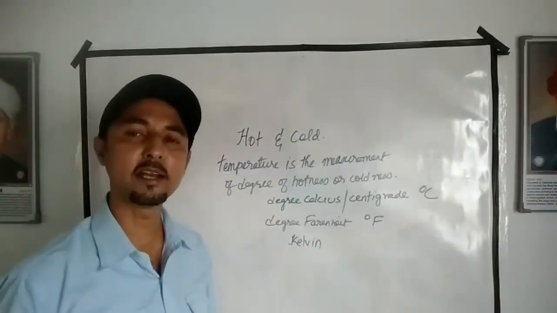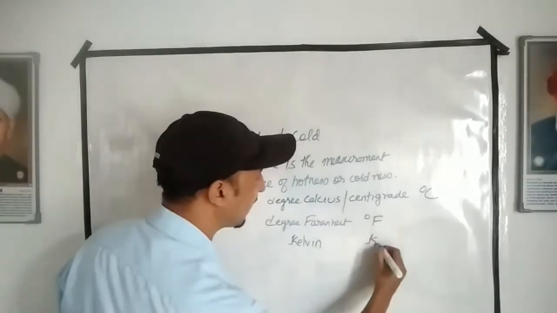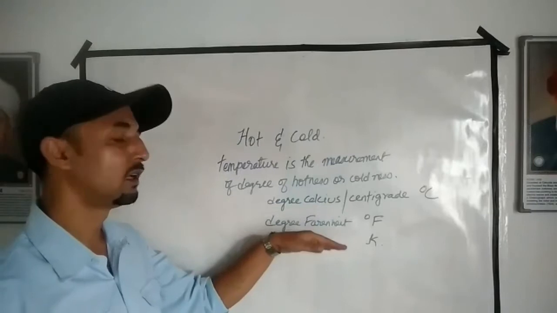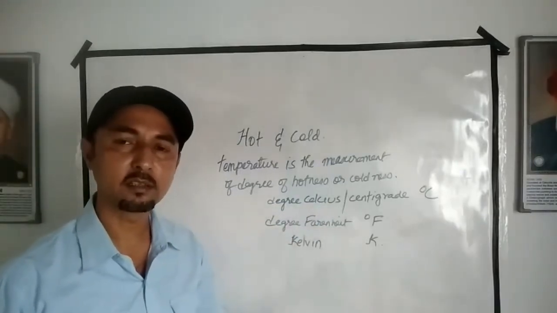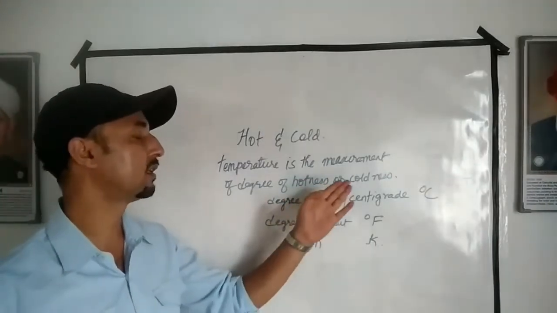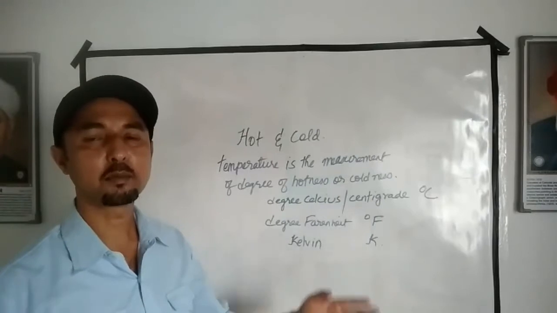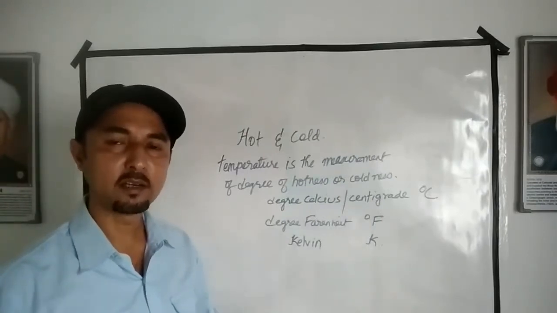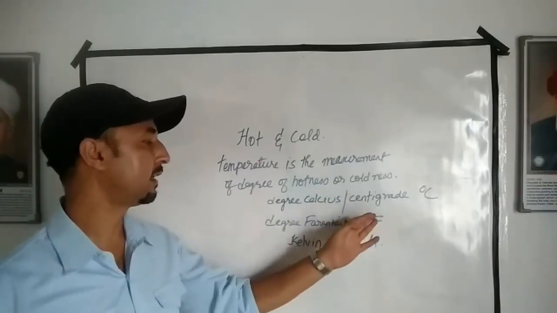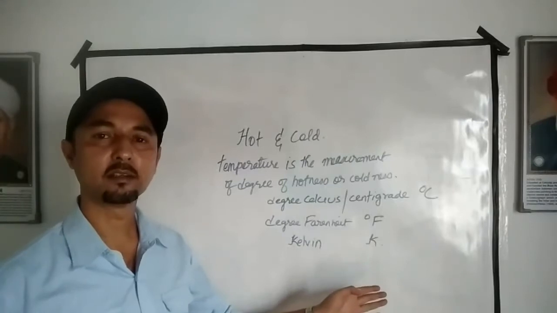We do not write degree Kelvin, we simply write it Kelvin or K. So these are the units which are used in different countries for the purpose of the measurement of hotness or coldness of any substance or any liquid or even the surroundings. Degree Celsius or centigrade, degree Fahrenheit and Kelvin.